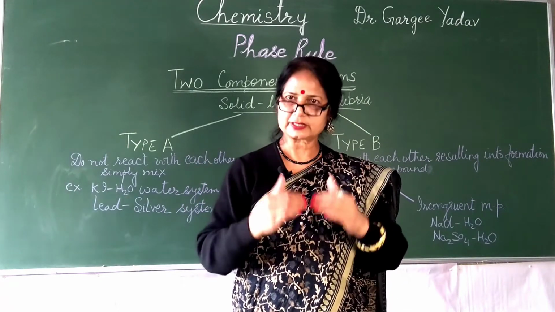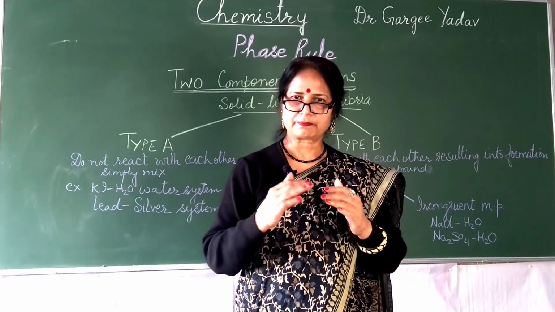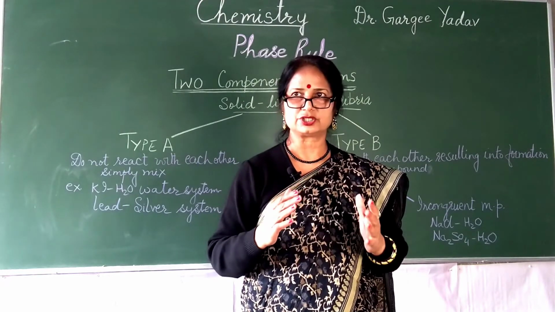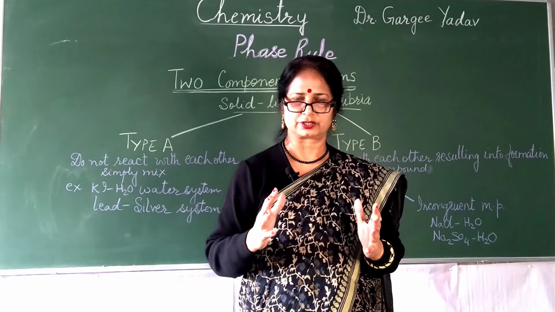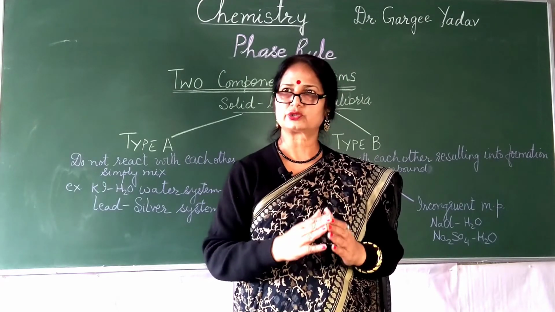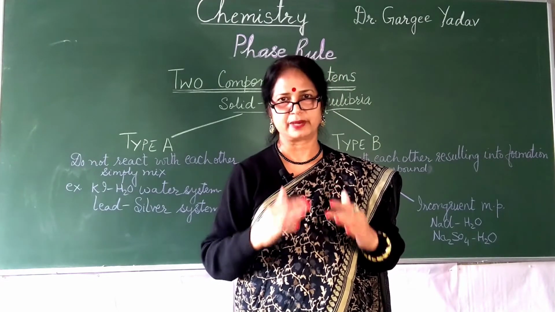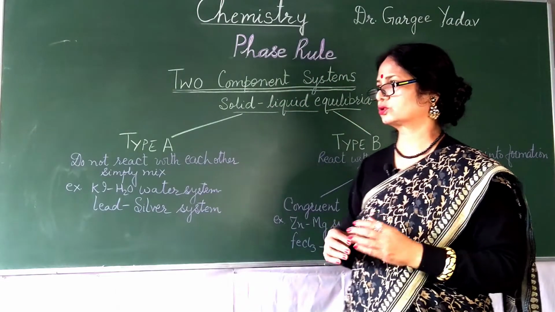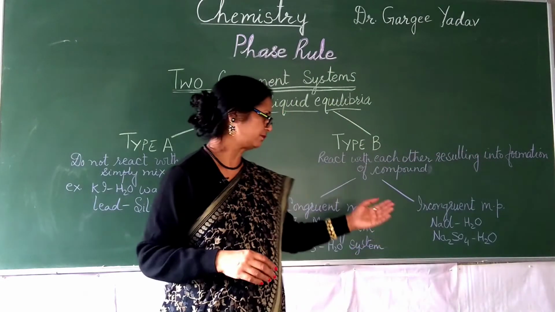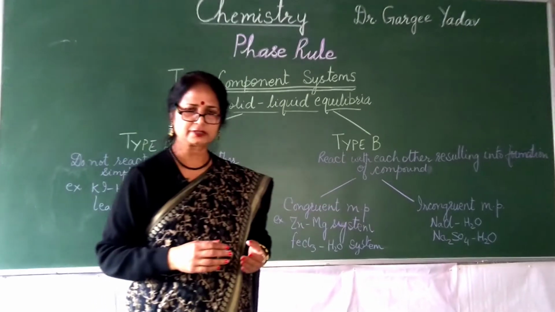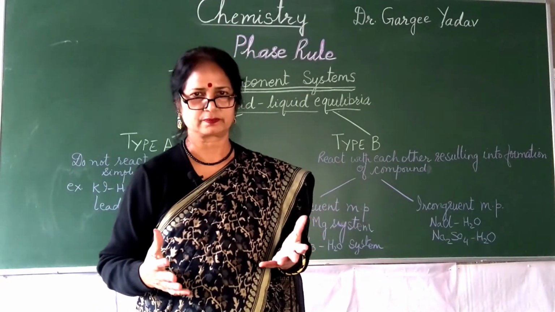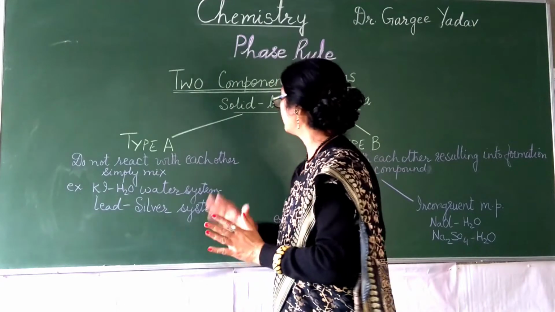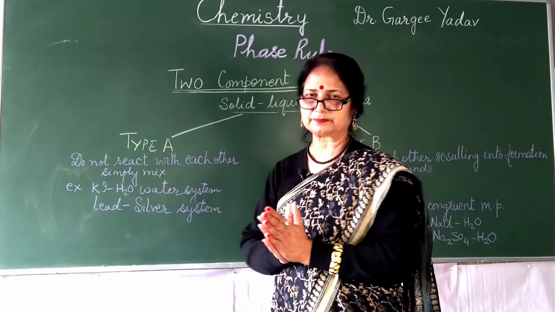When this happens, the compound is said to undergo a transition or a peritectic reaction, and the compound is said to have an incongruent melting point. Typical examples of this are the sodium chloride and water system, and the sodium sulfate and water system. So this is all about the two component systems.